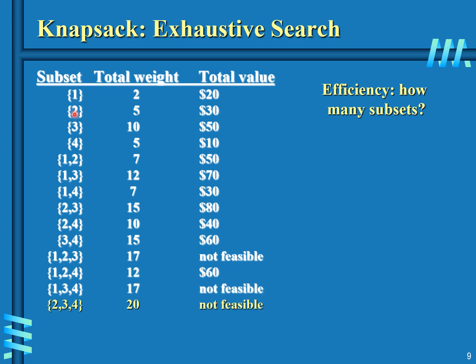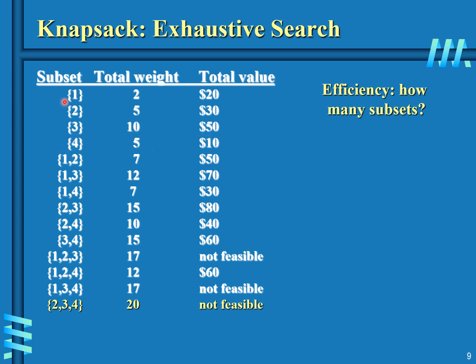The first subset considers the first item alone in the sack. The total weight is 2 and the value is 20. The next subset considers the second item alone, not placing items 1, 3 or 4 into the sack. Then you consider the total weight and the profit. Then the third item, and the fourth item.